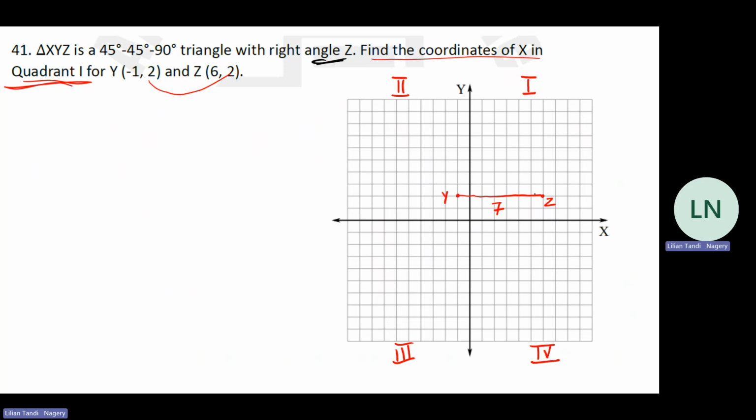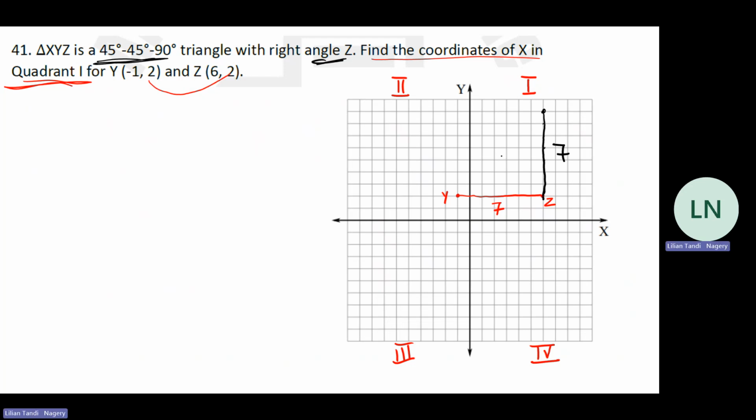I need a line that is perpendicular to the horizontal line, so that line has to be vertical. And how many boxes up? 7 boxes. Why? Because the triangle is 45, 45. If this is the horizontal leg, the vertical leg has to be 7 boxes up. 1, 2, 3, 4, 5, 6, 7 here. So I'm going to draw that and put 7 here.